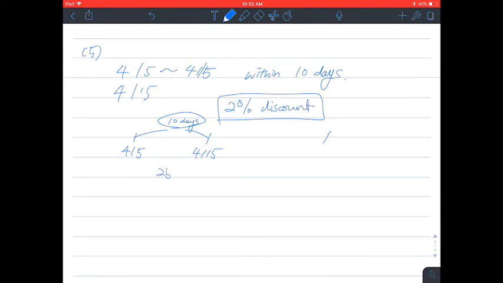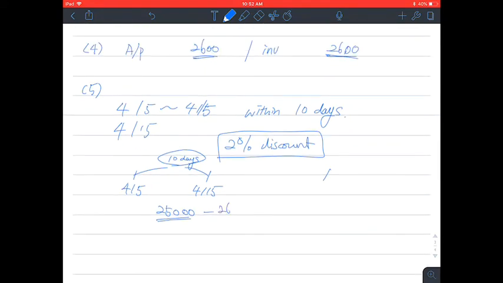From the amount minus your returned products. So this is your purchase.